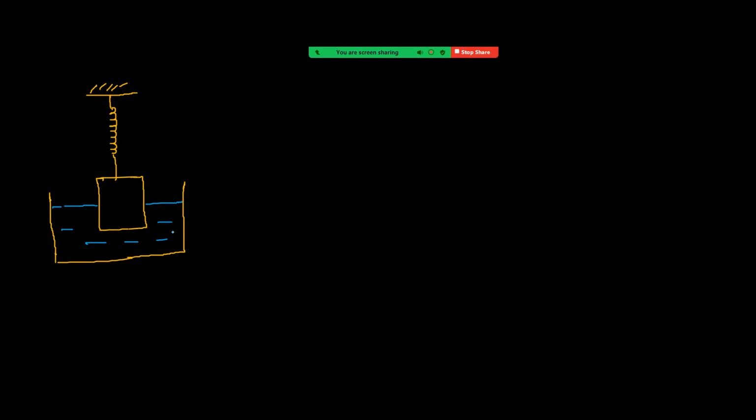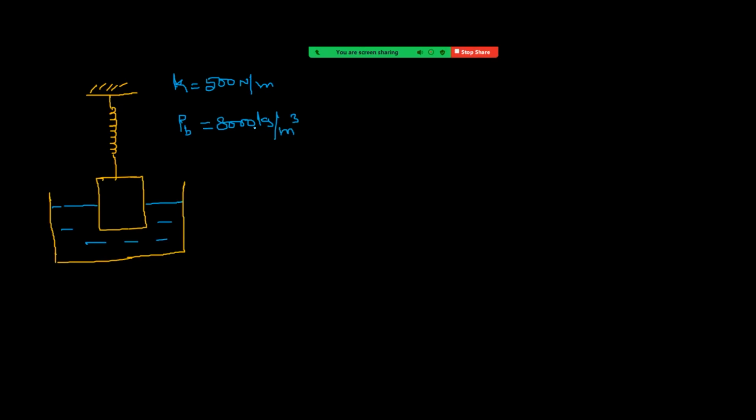And you can see the spring constant given is 500 Newton per meter. And see what else. Density of the cylinder, the density of the body, is given as 8000 kg per meter cube.